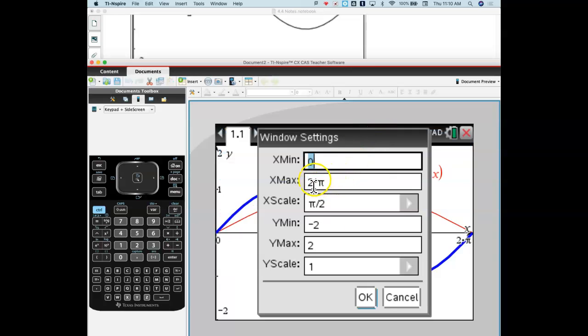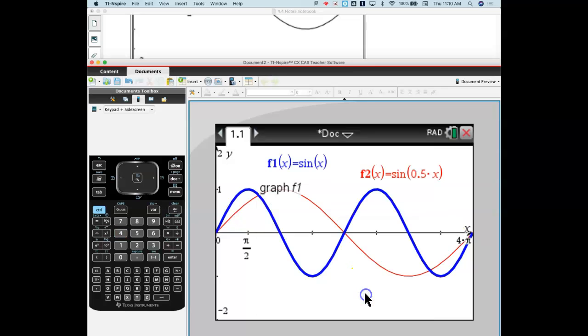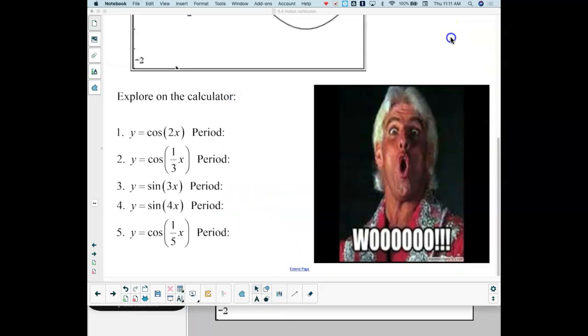Here, in the window settings, we went to 4 pi because we saw half of the graph. So we go out to 4 pi, and now I see one full cycle on my 1/2 x graph. So do some exploring of those 5, and then we'll come back and we'll talk periods of those 5.